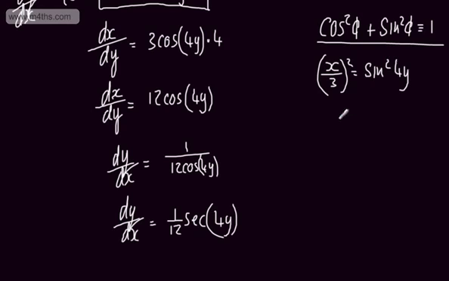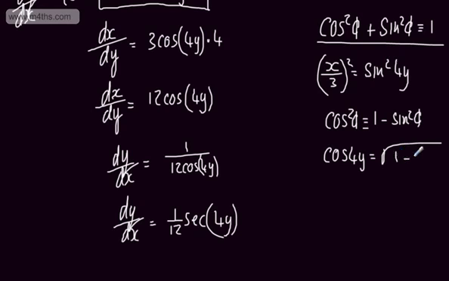If we look at this just here, we've got 1 over 12 cos 4y. So using the identity here, what we can say now is that cos squared theta would be 1 minus sine squared theta. So in this particular case, we can say that cos 4y will be the square root of 1 minus x squared over 9. I've simply used the trig identity.